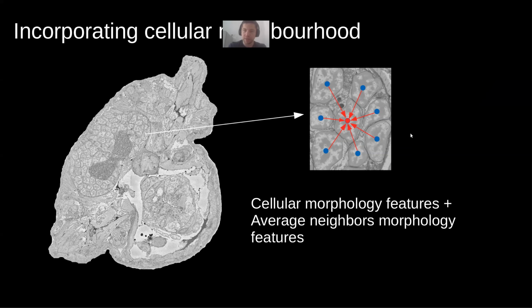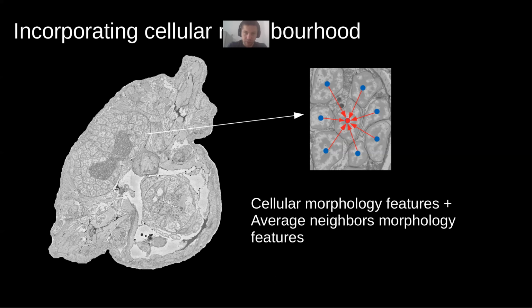So what we did is essentially we sampled a cell and its neighboring cells, computed the morpho feature representations for each of them, and then averaged all of these feature vectors into one average feature vector, which essentially then characterizes the cell plus the neighborhood. And we then concatenated this average, let's say, morpho context vector with the original morpho feature vector of the cell.